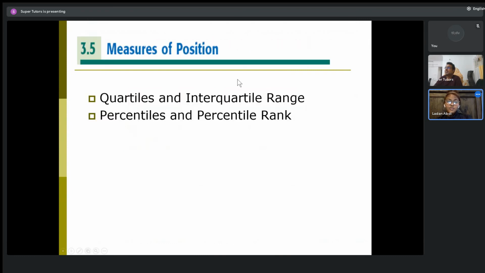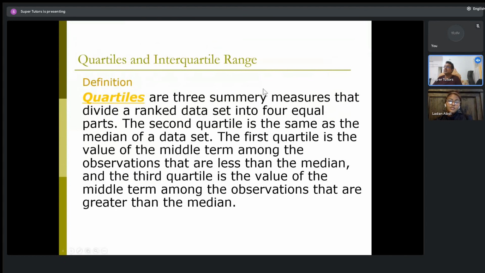And then the last few concepts in your chapter 3 talk about quartiles and percentiles. So quartiles essentially are summary measures to divide a ranked data set into four equal parts.